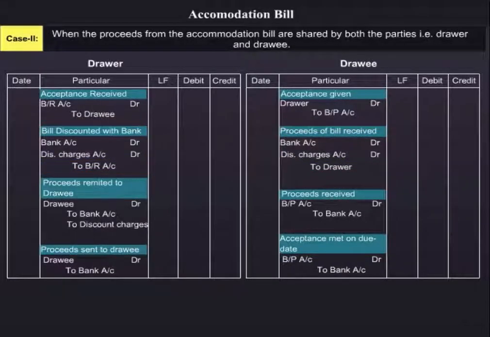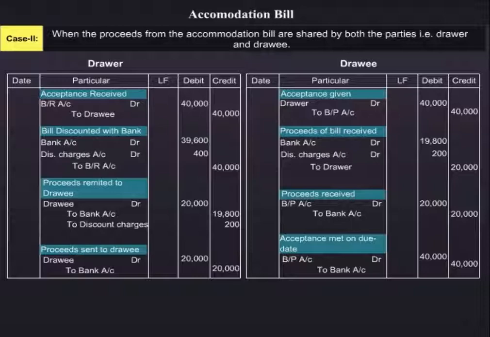That is, both the parties are sharing the discounting charges. For instance, suppose bill amount is rupees 40,000 and the discounting charges are rupees 400. Now, if both the parties decided to share this amount equally, they will bear the discounting charges equally, that is, of 200 each.